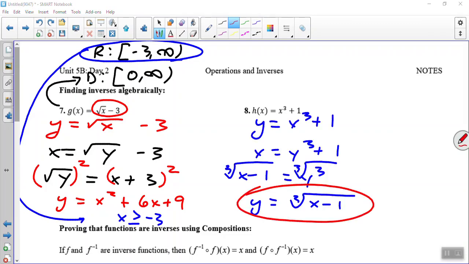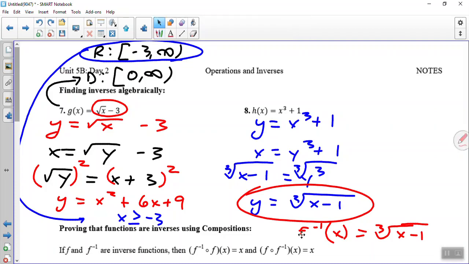All right, so cube roots and cubics, not as complicated as the square root. We don't have to restrict anything. They have the same domain and range for either. So not as complicated for this. So you get y. Technically, you'd say f inverse of x equals cube root of x minus 1.